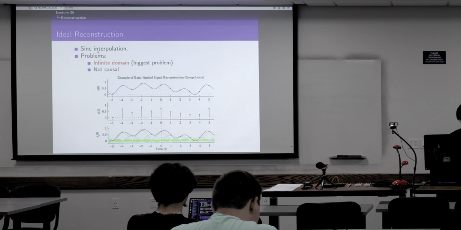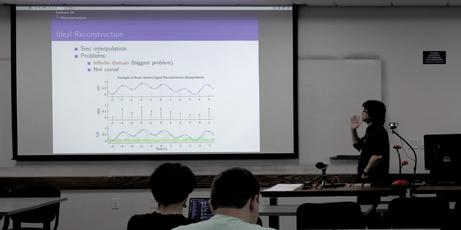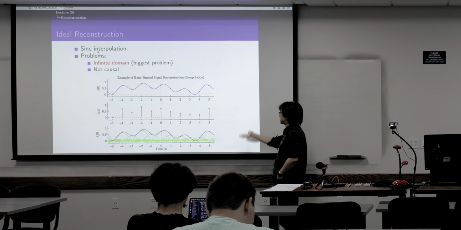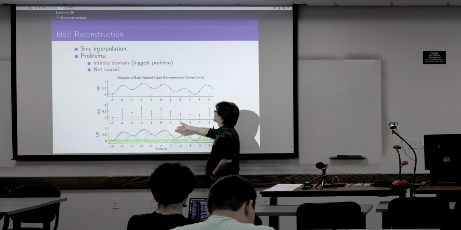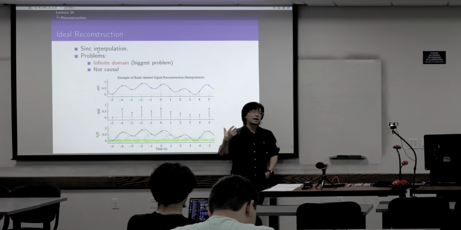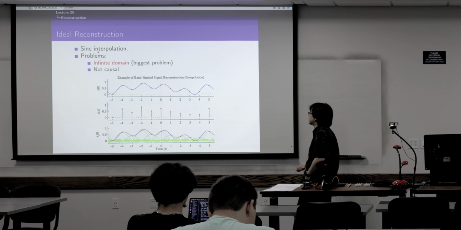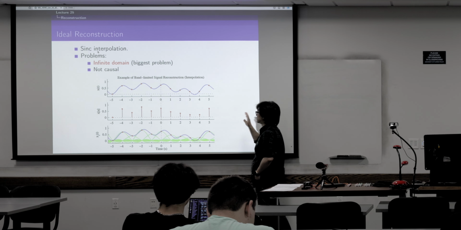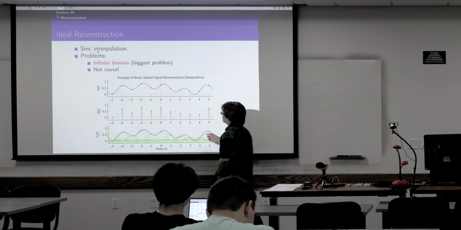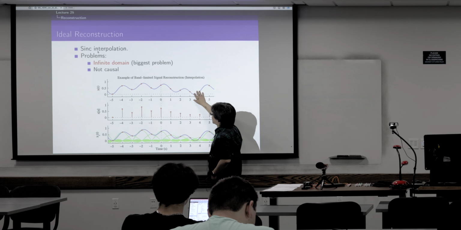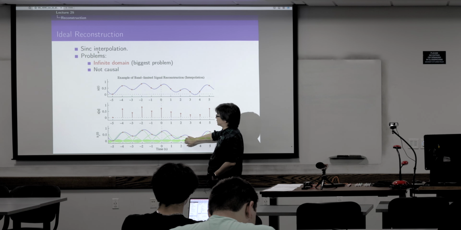All right, and then we talk about reconstruction. Okay, so here, what do we mean by reconstruction? As we said, let's assume the signal is time unlimited and in frequency it's band limited, right? Even under this ideal condition, in order to recover the original signal, we need sinc interpolation, right?